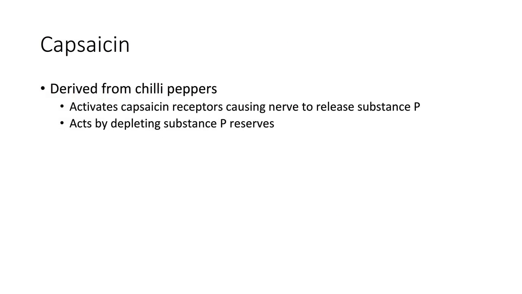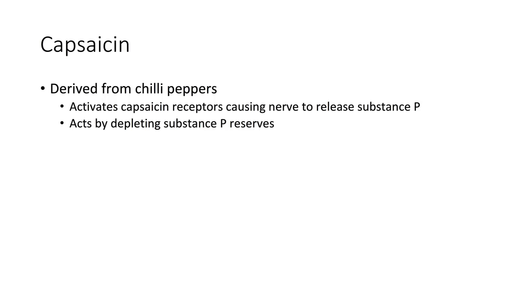Now this is just a brief word on the chemical capsaicin. Capsaicin's interesting because it works from a very different principle than the other drugs do. If we activate capsaicin receptors, we cause the nerve to release substance P. So it's a chemical that's derived from chili peppers, and the mechanism of action of this particular drug is to essentially exhaust the substance P reserves, so the tachykinin reserves, so that you can't keep sending the signal.